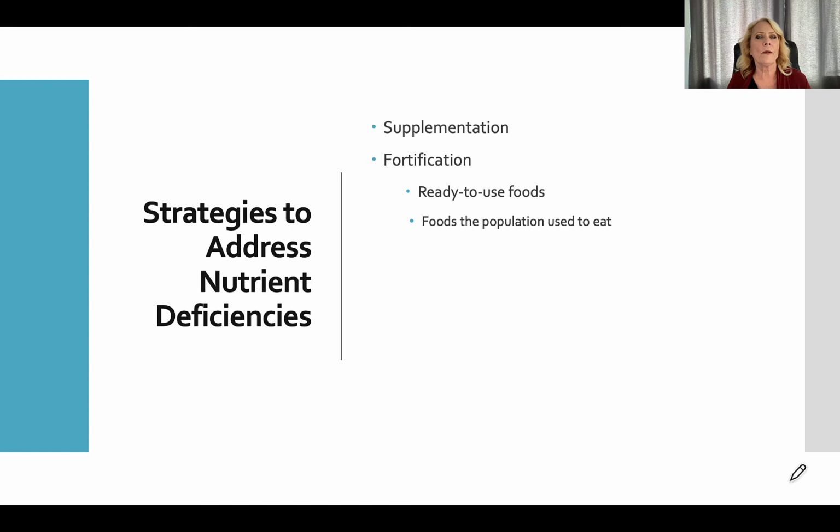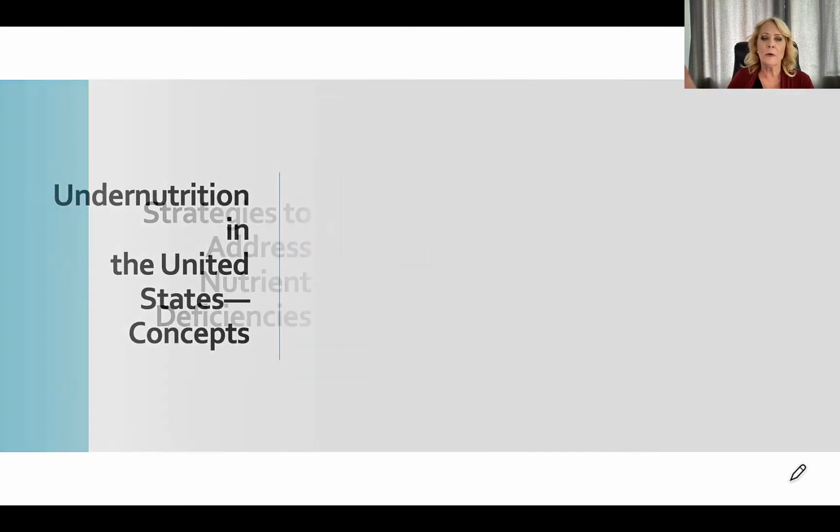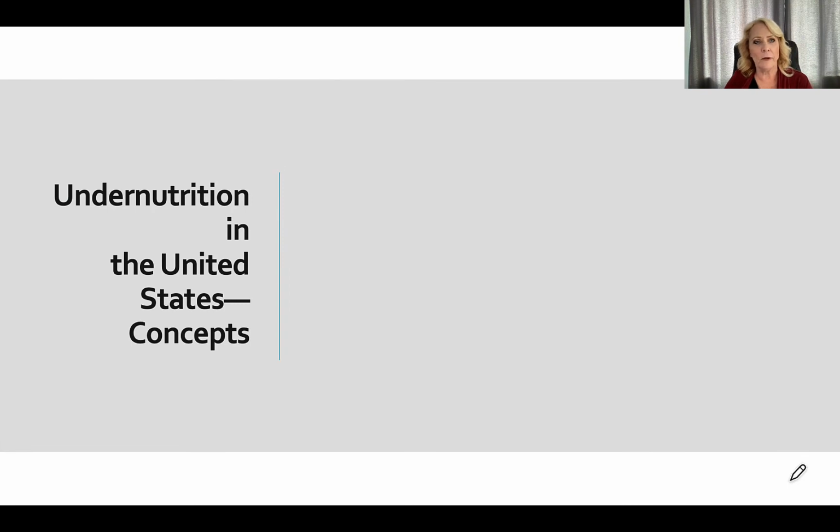And so what they're hoping to do is make all these ready-made foods so the population isn't as sickly, isn't as undernourished. So nutritional requirements, of course, are really high for pregnancy and infants and children. And so we're going to talk about how this affects those different rates of development.